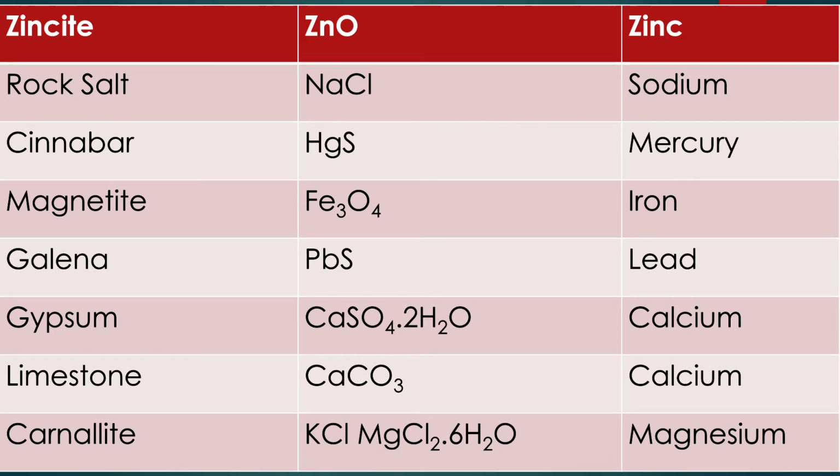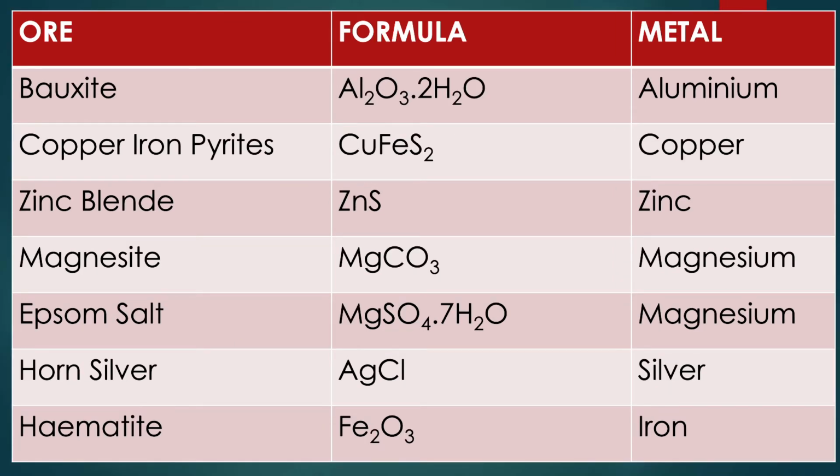So in this slide and the previous slide, go through the formulae and the metals which are being extracted from these particular ores. You may either be asked the formulae of these ores and also the metal which is extracted from it. And sometimes you'll be asked how many water molecules are present in that particular ore.